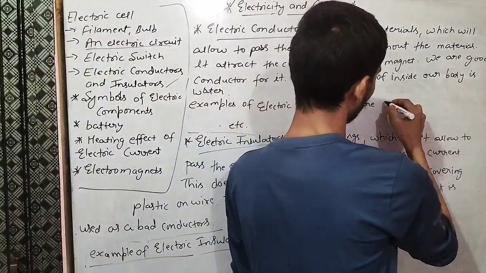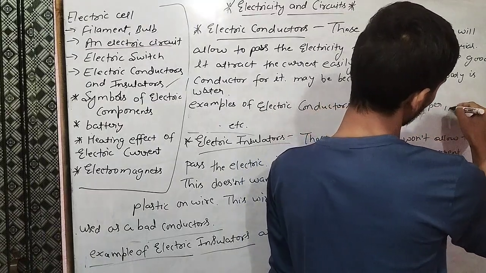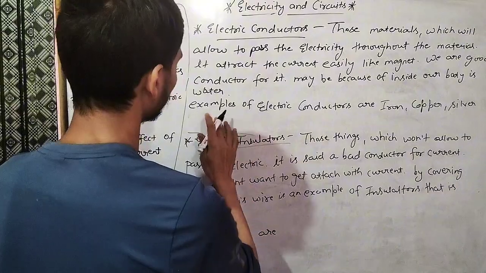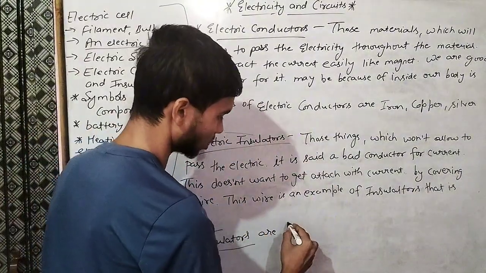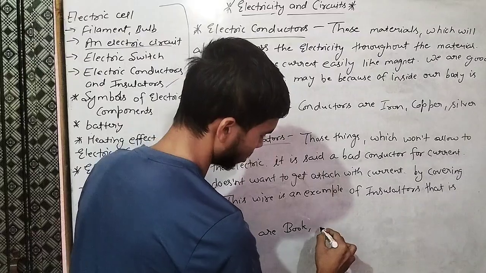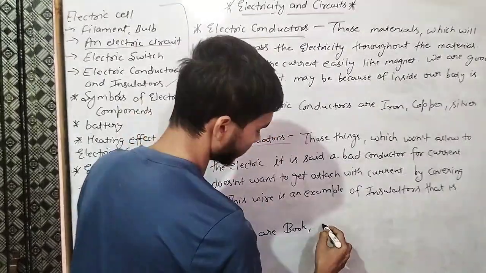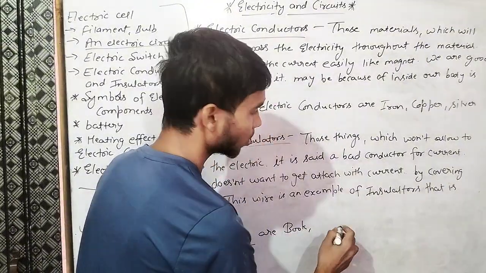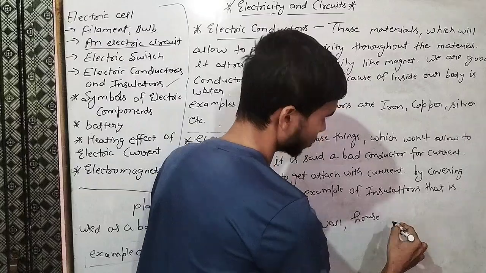Okay. Here iron, copper, silver. This book, wall, house.